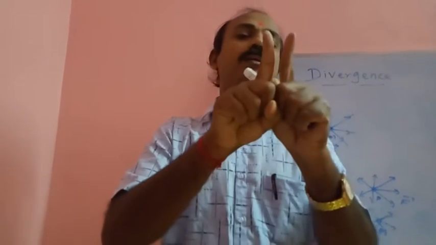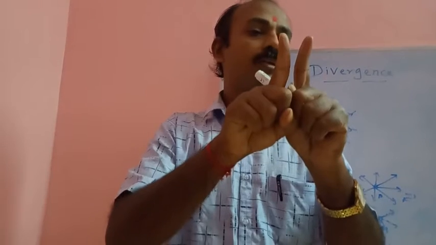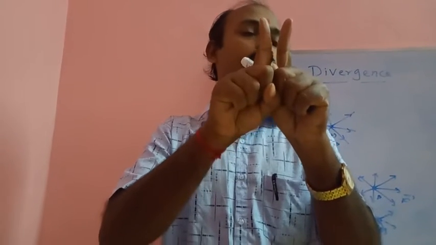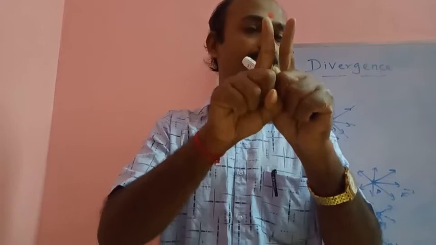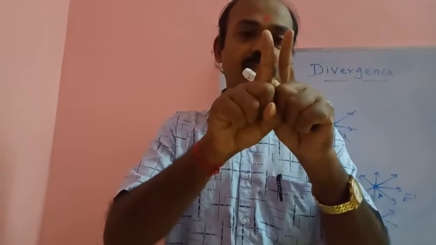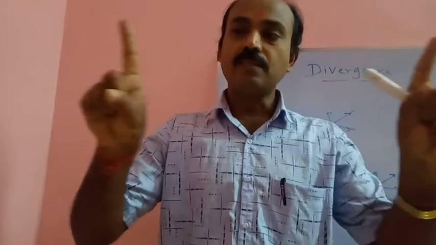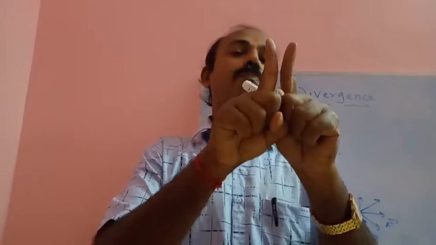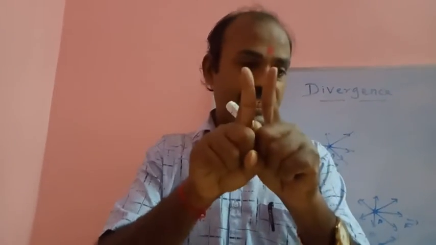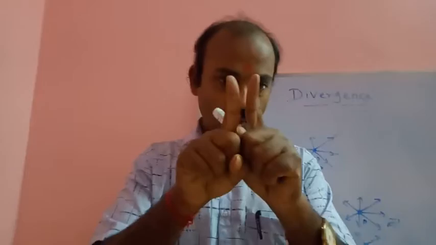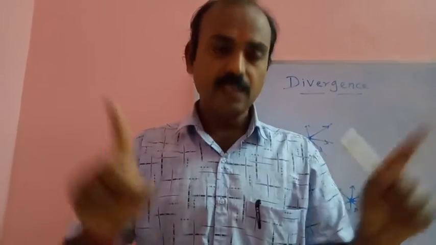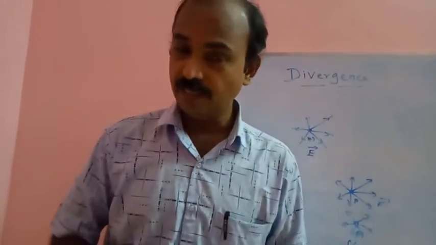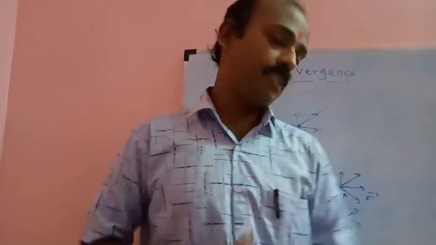Here the couple is joined together. When a couple splits up and moves away from each other, this is actually divergence. It's not physics, it's a real-time example.